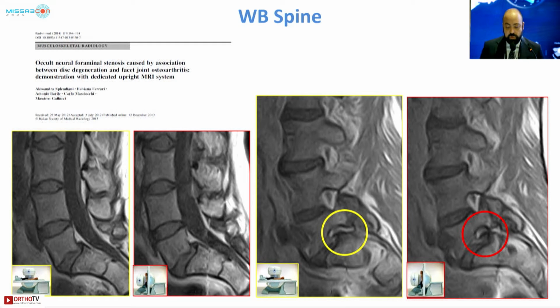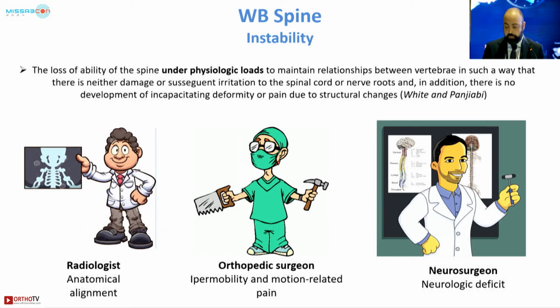In these studies, we also demonstrated the occurrence of an occult neural foraminal stenosis under weight-bearing that is unmasked due to either the increase in the disc protrusion or the facet joint osteoarthritis determining compression.